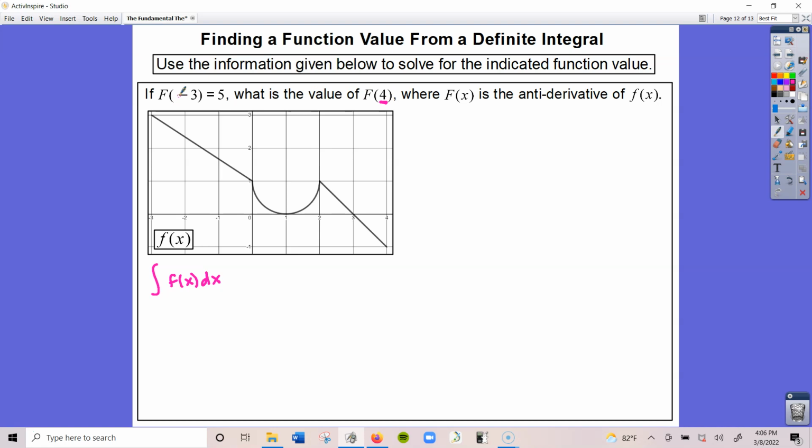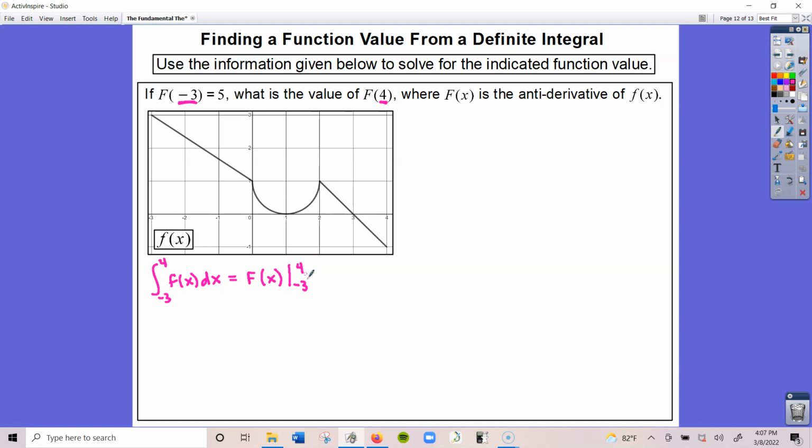But we are also given F of -3. These x's are my limits of integration, and always put them in order. This is my lower number, so I'm going to put -3 on the bottom and then 4 on the top. And this is going to equal capital F of x evaluated from -3 to 4.